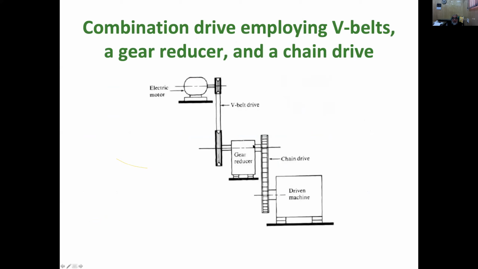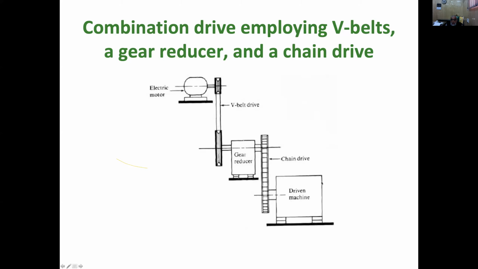Now you can see here there's a combination of drives used in a system. Electric power is coming from here, and then it is driven by the V belt, then the gear reducer, then the chain drive, and ultimately the machine is run here at the last stage, which is the 1st, 2nd, 3rd, 4th and 5th stage, used to perform certain functions.